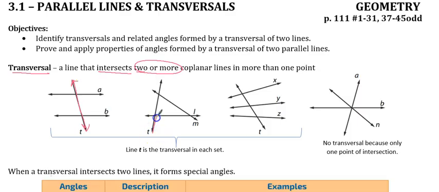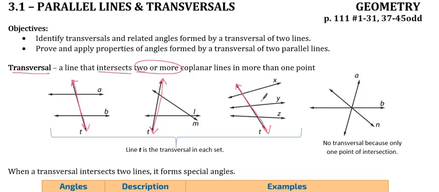So here it's T. It intersects two lines. And then in this one, the transversal again is T. We're making it pretty obvious by naming it letter T, and it intersects three lines. So all three of those are just transversals, a line that intersects another one.